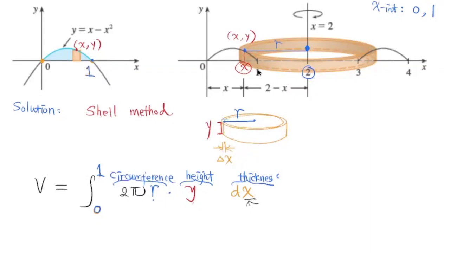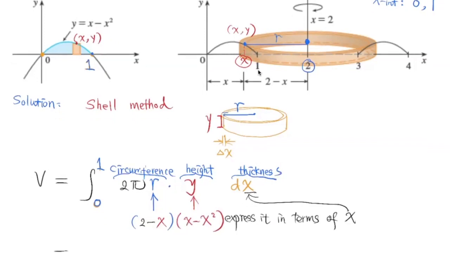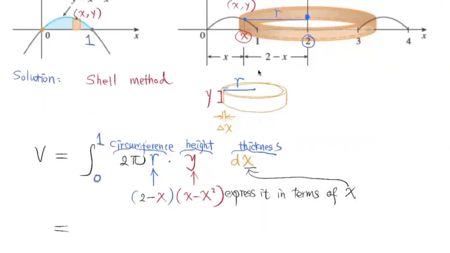The x coordinate here is 2, the x coordinate here is x. So r will be 2 minus x. The y over here is equal to x minus x squared. Now we have expressed all of this in terms of x.